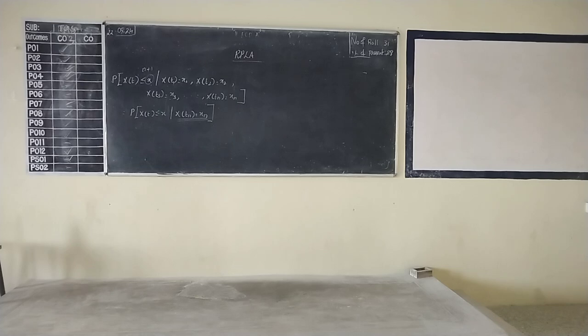Third one, both t and xi discrete. This is called discrete parameter Markov chain.